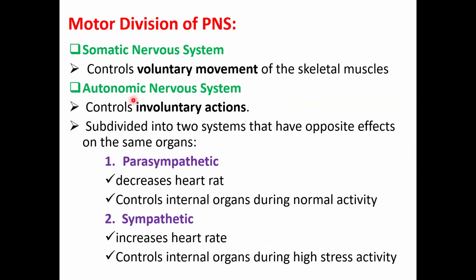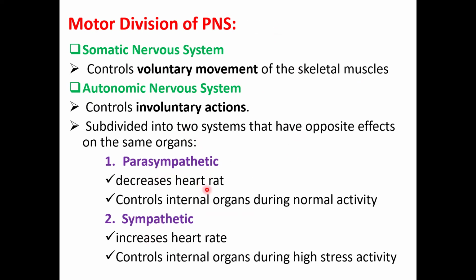Okay, the motor division is divided into somatic and autonomic. The somatic nervous system controls the voluntary movement of the skeletal muscles. The autonomic nervous system controls the involuntary. What is the meaning of involuntary and where do I find involuntary actions? Involuntary actions include the parasympathetic and sympathetic. Autonomic is divided into parasympathetic and sympathetic.